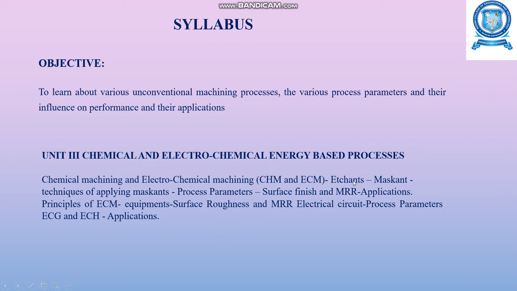They will study the etchants, maskings, the techniques of applying maskings, the various process parameters, the surface finish, the metal removal rate (MRR), applications, and the principles of electrochemical machining, that is equipment, surface roughness and MRR, electrical circuit, process parameters. We'll also study electrochemical grinding and electrochemical honing and their applications.